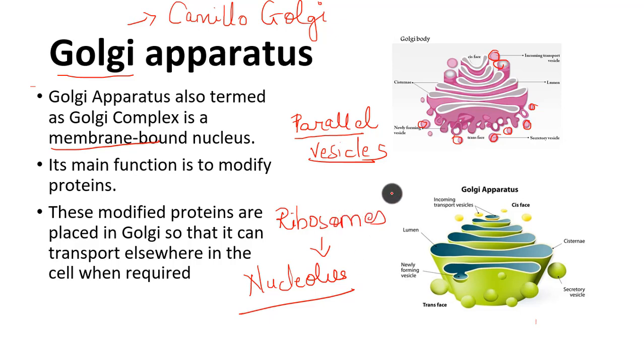These ribosomes are spherical bodies present in every cell, in prokaryotic cells as well as eukaryotic cells, and their function is transport of amino acids to the endoplasmic reticulum. Okay, so this is all about the three important cell organelles which are important for production of proteins: endoplasmic reticulum, Golgi bodies or Golgi apparatus, and ribosomes.